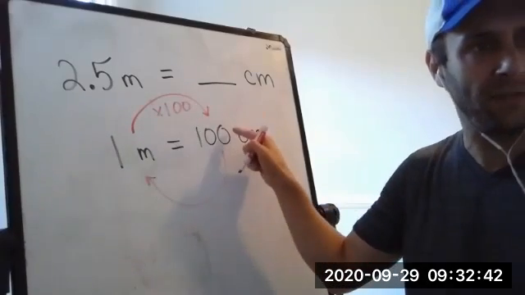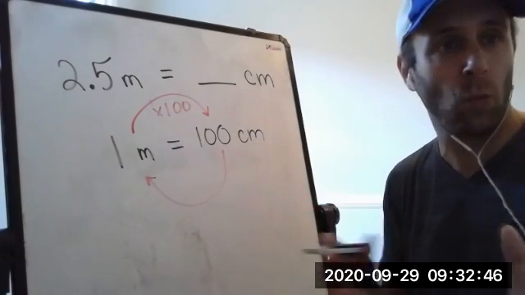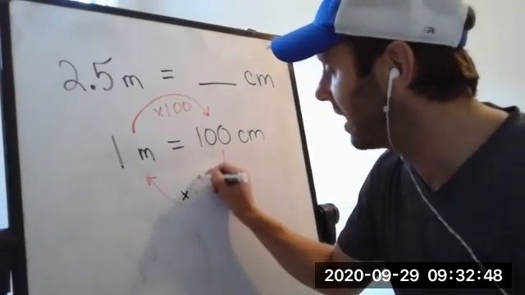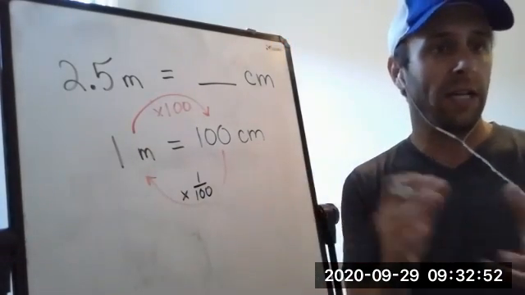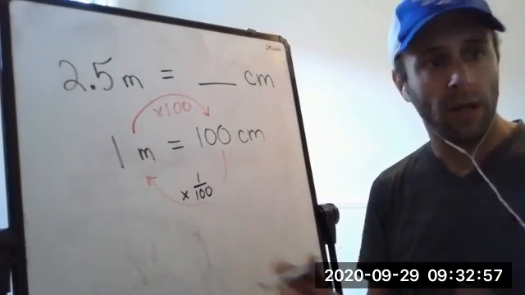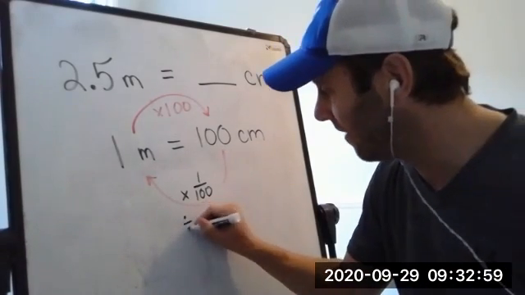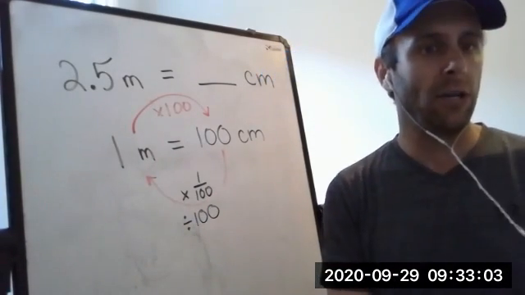What's the opposite of times 100? Now, those of you who are getting really good, and I bet if I asked you what you are multiplying by, you would say that you're multiplying by 1 over 100. That's the opposite of times 100. It's times 1 over 100. But hopefully you're starting to remember that times 1 over 100 is just a fancy way to say dividing by 100. Okay?